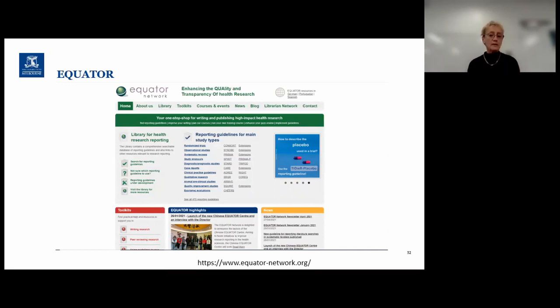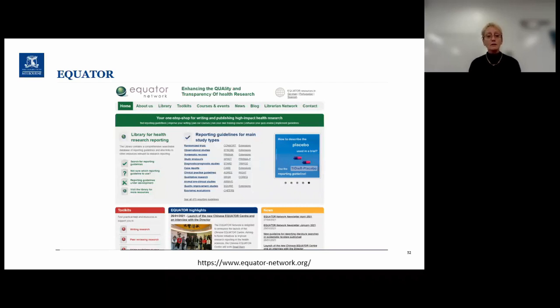More and more journals are requesting, as part of your submission process when you're submitting a manuscript for consideration, that you also upload the relevant EQUATOR reporting guidelines for the type of study design you have used.